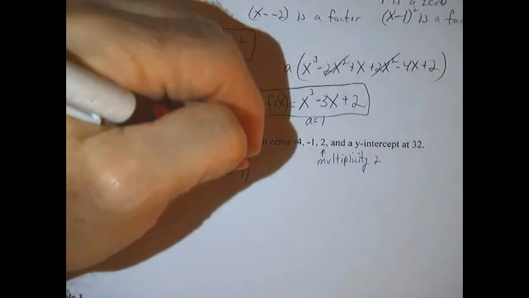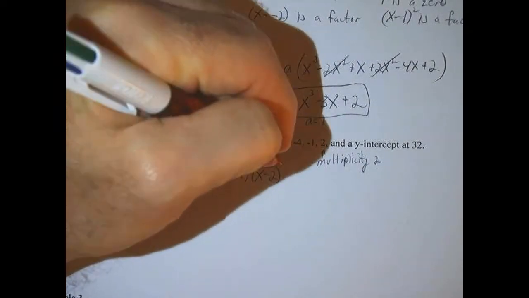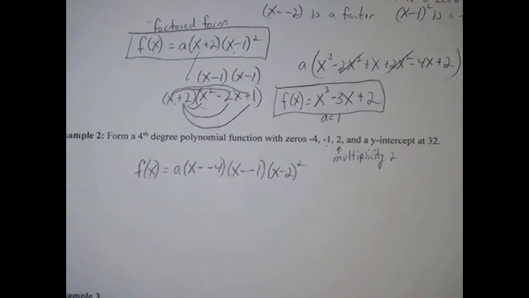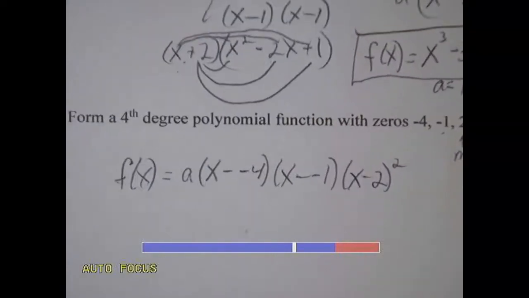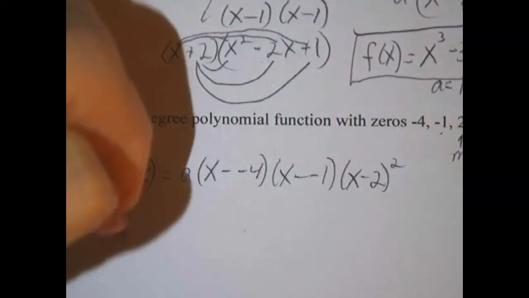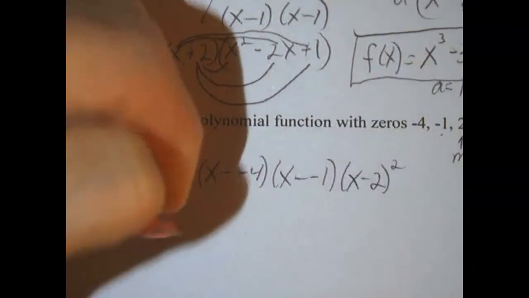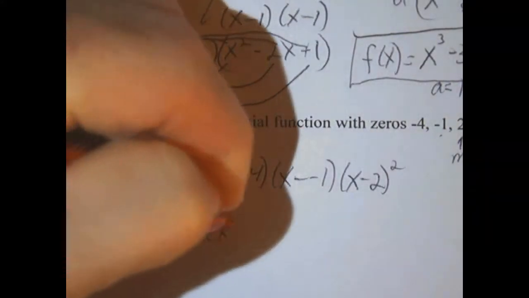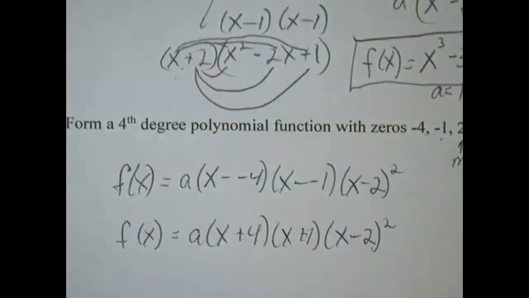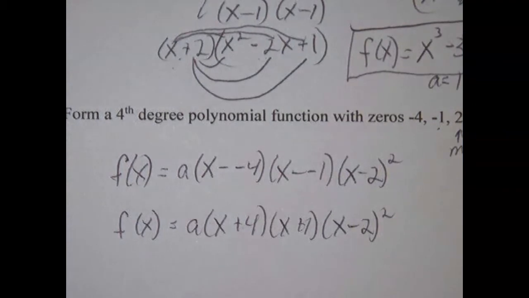And then x minus 2 with a multiplicity of 2. So there's our function. Let's simplify this a little bit. We have f of x equals a times x plus 4, x plus 1, x minus 2 squared. All right, there's our polynomial in factored form.